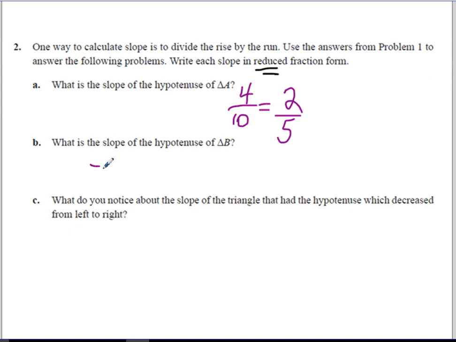From B, we had a -6 for our rise, and our run was 15. That can simplify. We can divide each by 3, so we're going to get -2 over 5.